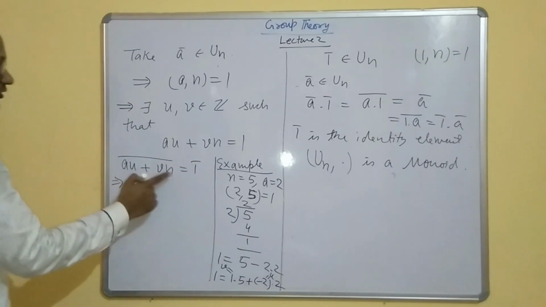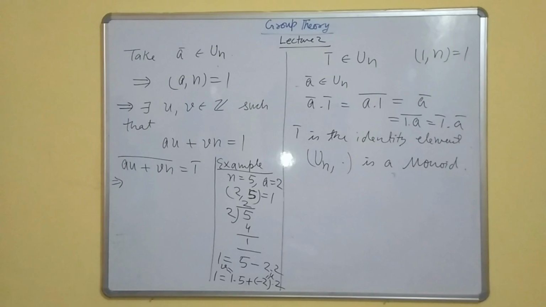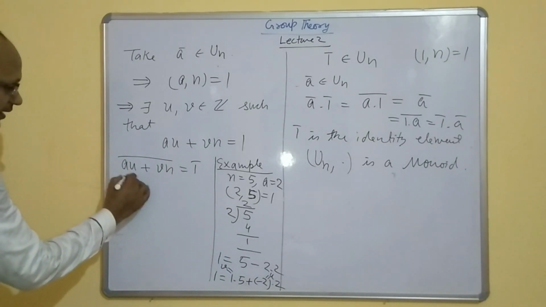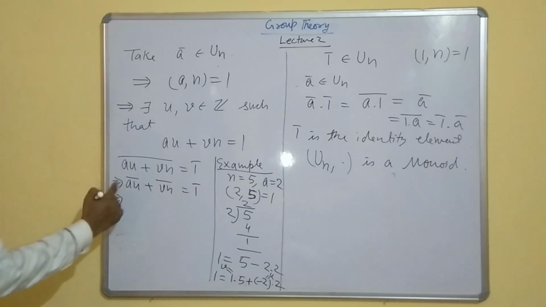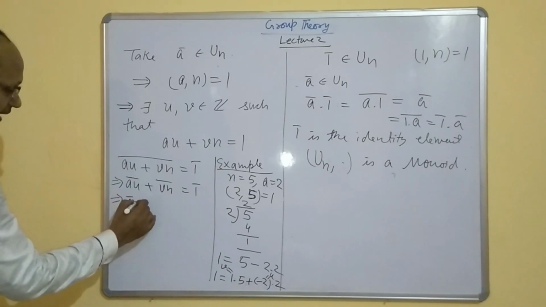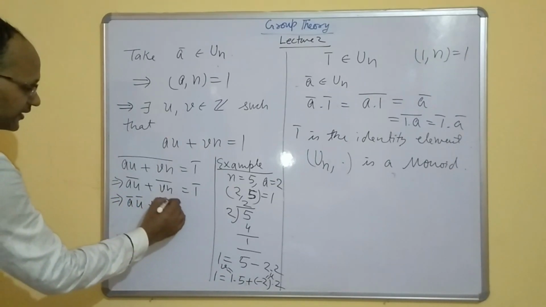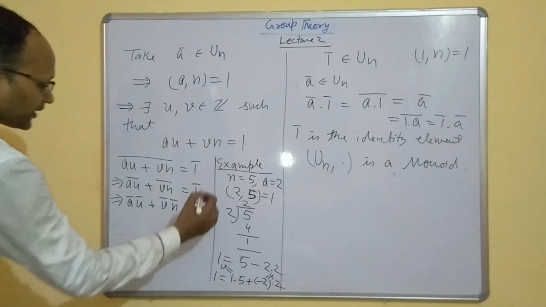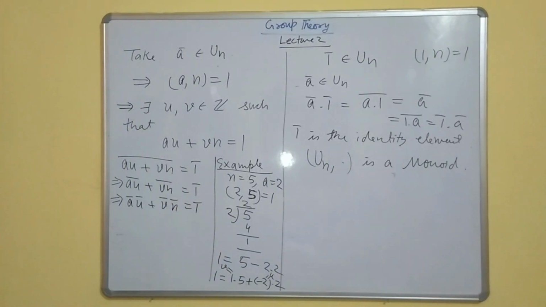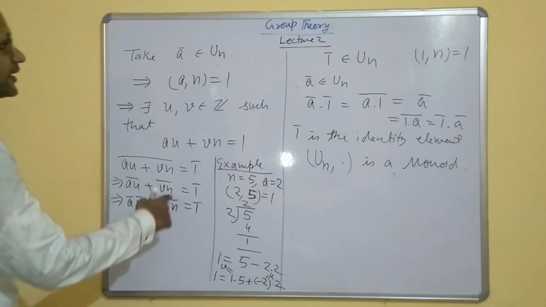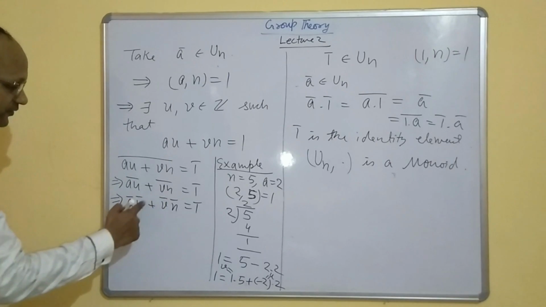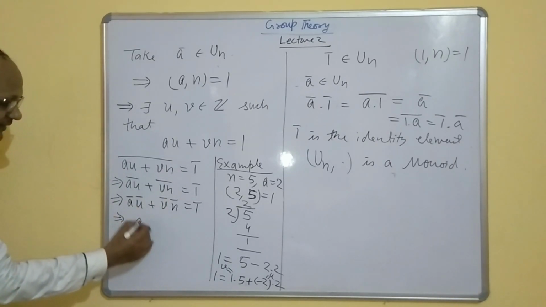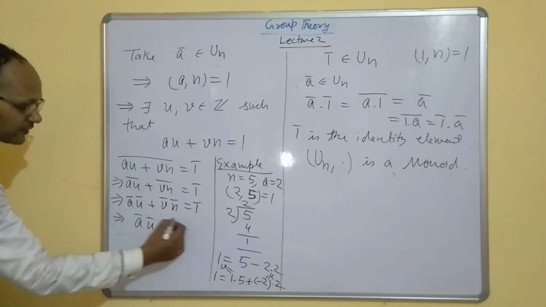By the definition of addition, we can write it as au whole bar plus vn whole bar is equal to 1 bar, and au whole bar means a bar into u bar, plus v bar into n bar is equal to 1 bar. But n bar is 0 because I am taking everything modulo n. So 0 into v is 0, and 0 plus something is just that something. So I can simply write this as equal to 1 bar.